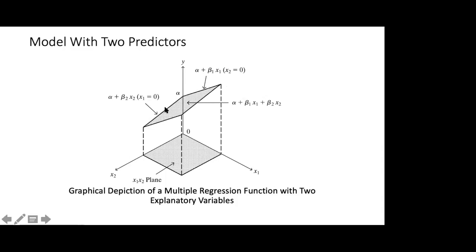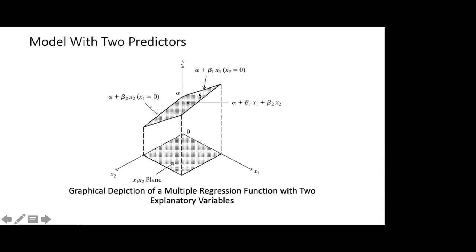And this slope here in the x2 direction, you can interpret that as simply the same slope as in a simple regression model if your other predictor variable were zero, right?